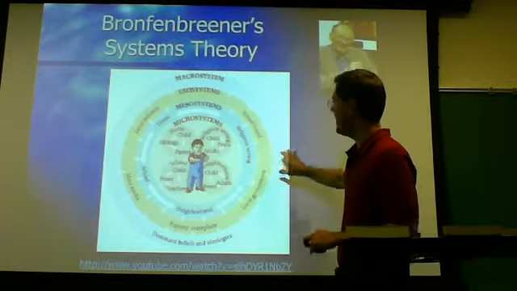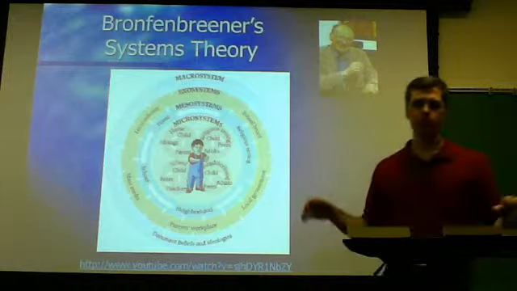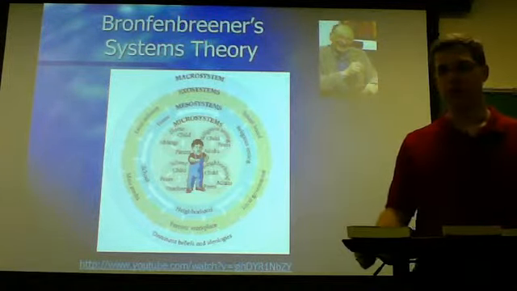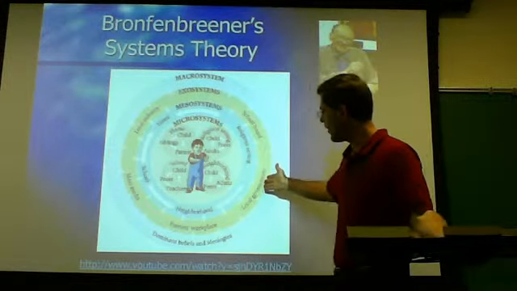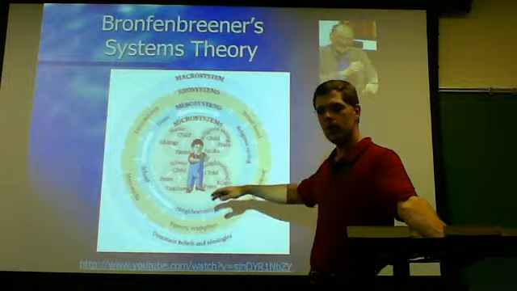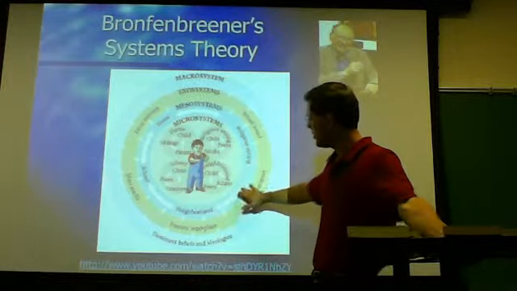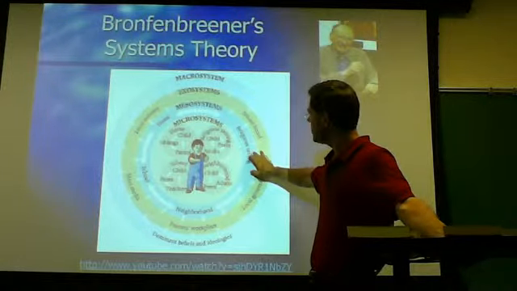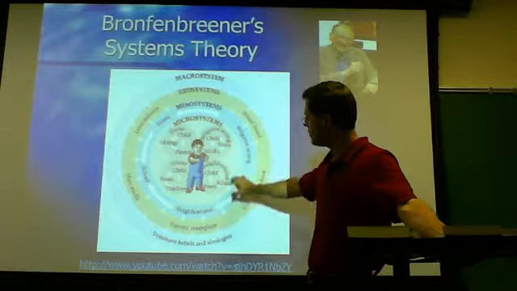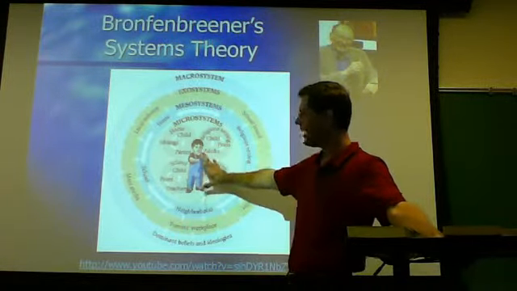Okay? Then the macrosystem. This is more of the cultural values, the societal norms that impact how local government or workplace values impact the settings and the pastors and the school boards that impact the people that impact us.